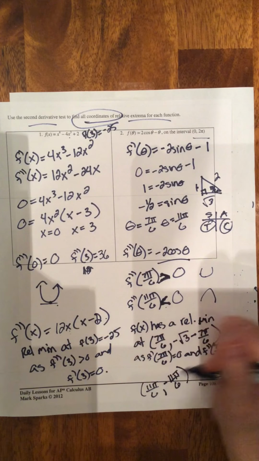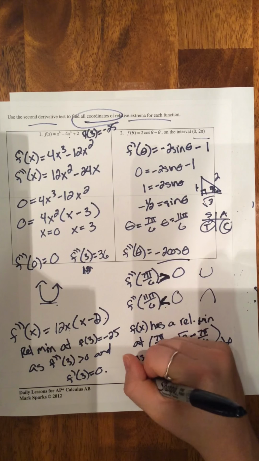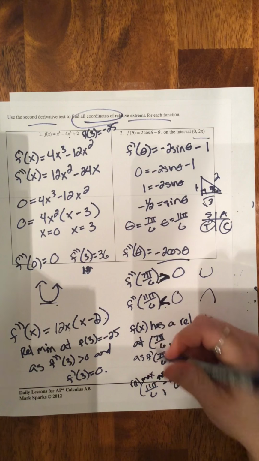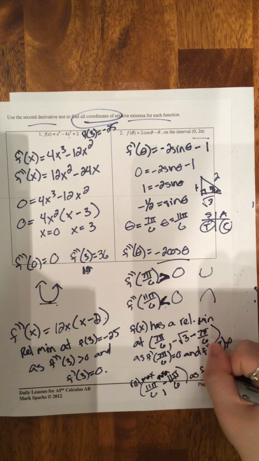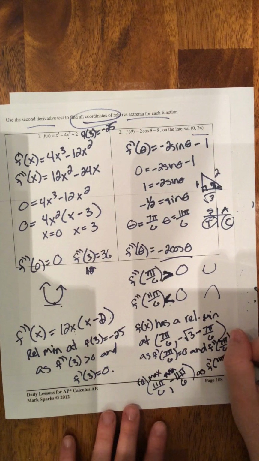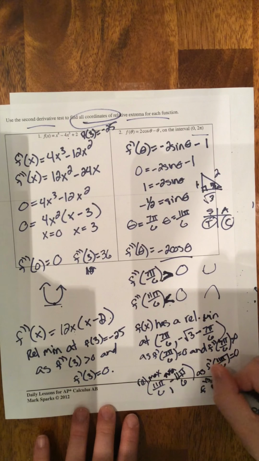So this is where the relative maximum is happening. And the reason is relative max as f prime of 11 pi over 6 equals 0 and f double prime of 11 pi over 6 is less than 0.